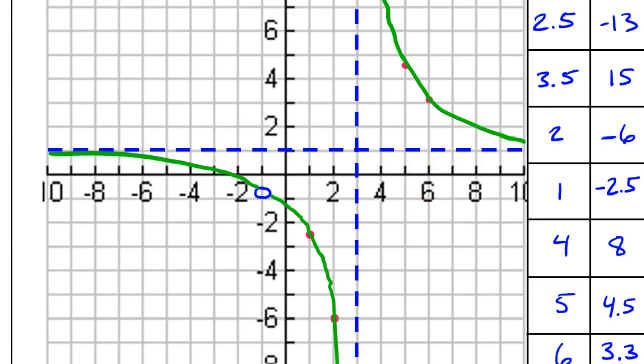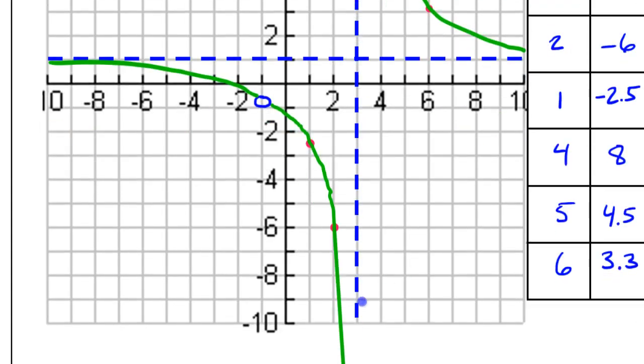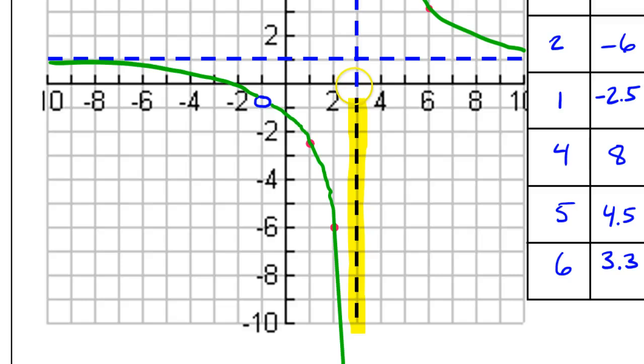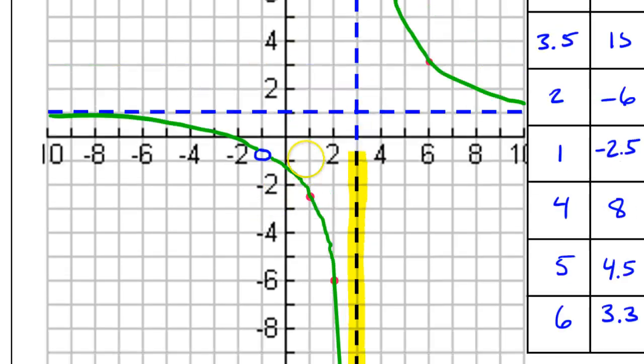When I do my range, I'm going to have to go from negative infinity up to where the hole is. And stop. So the first part of my range goes from negative infinity up to where the hole is. Then it goes from where the hole is up to the asymptote, a little part there.